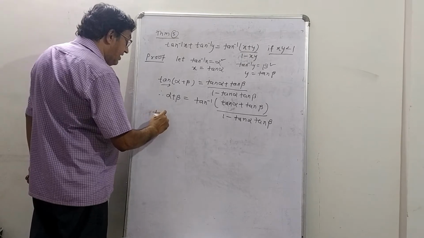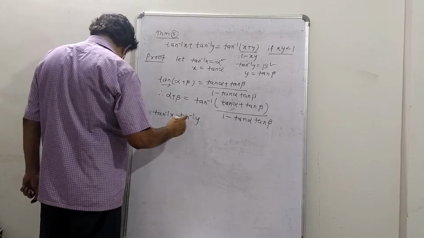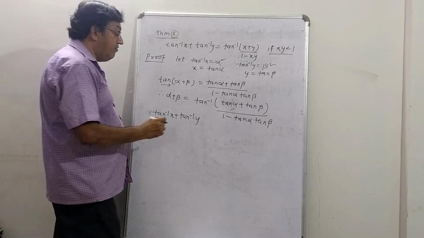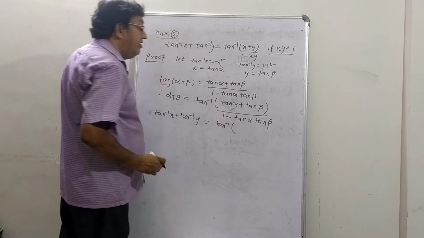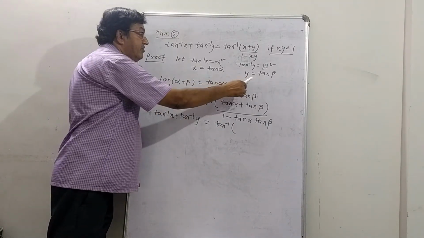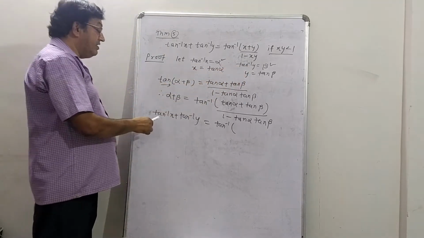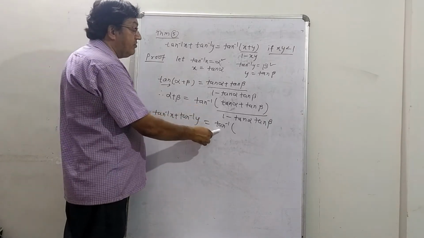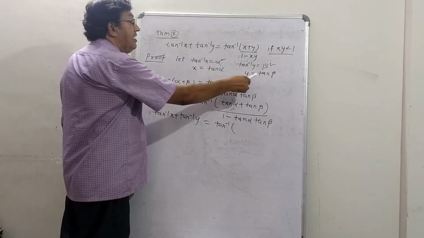Tan inverse of x plus tan inverse of y. Tan alpha is x, tan beta is y.